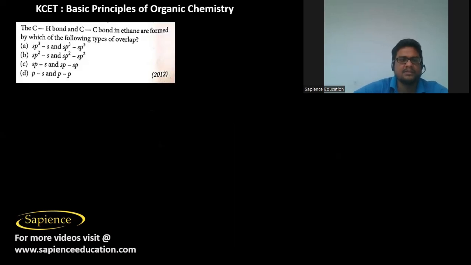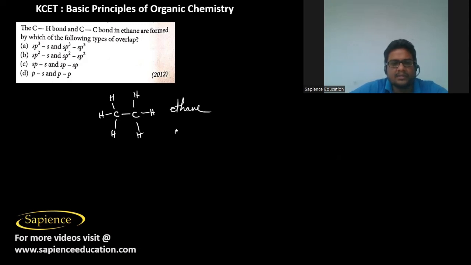Then here it is asked, the C-H bond and C-C bond in ethane are formed by which of the following types of overlap. In ethane, as you know, it is C2H6. This is ethane.